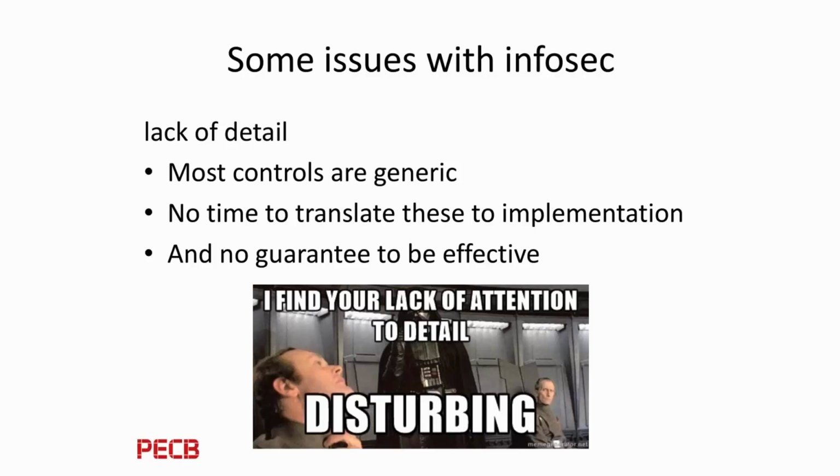That leads to situations in which you do implement a security control, but you're not sure if it's really effective, if it's really protecting the assets that you are trying to protect. So there is a lack of detail, which you need in agile development, that is missing from the frameworks that we are used to using.